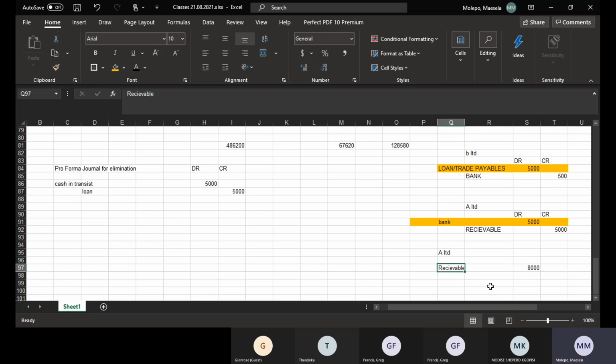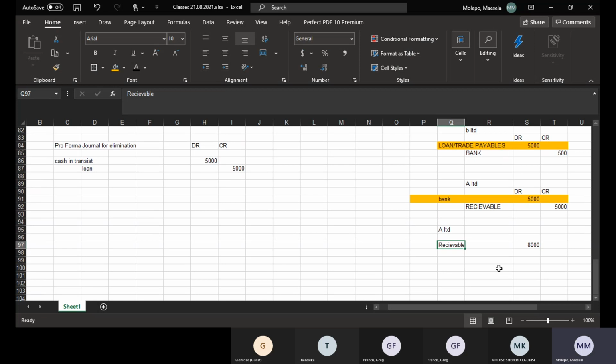And then the contra account will be the bills, the 8,000.